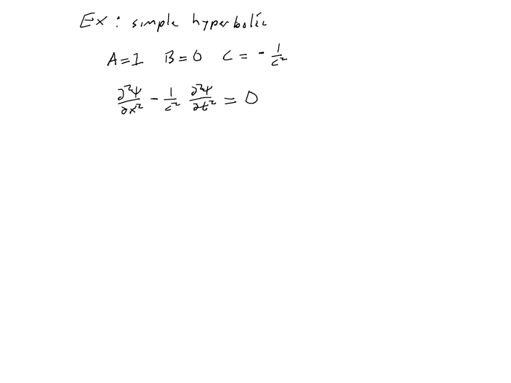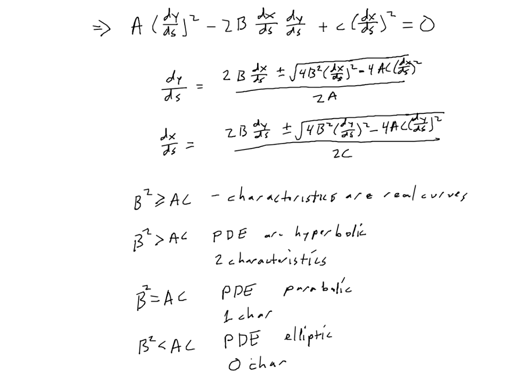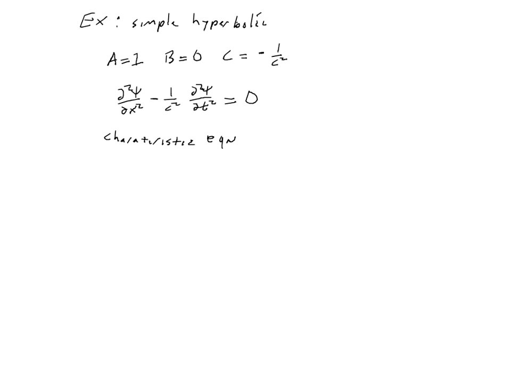So the reason why this is important is because if you throw in the characteristic equation, and the characteristic equation comes about by basically taking your A, B, and C and plugging it into this equation. So it's the equation that defines the characteristics.